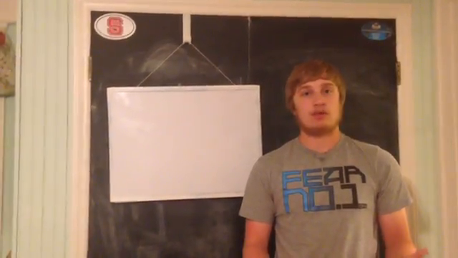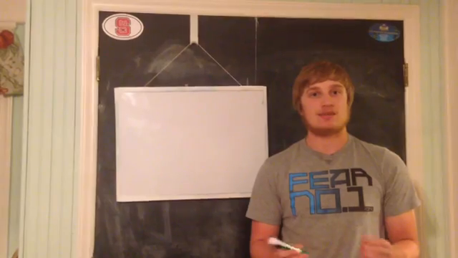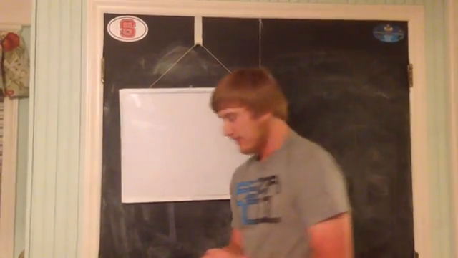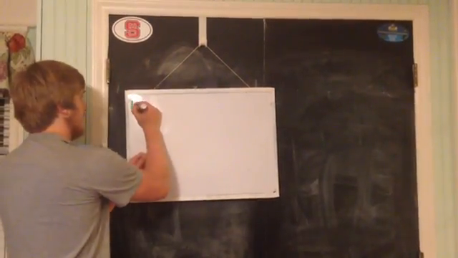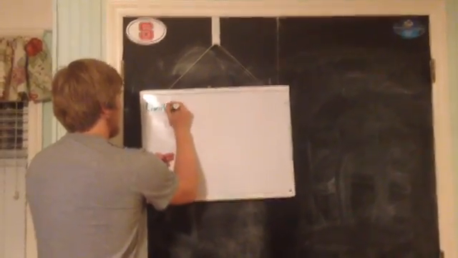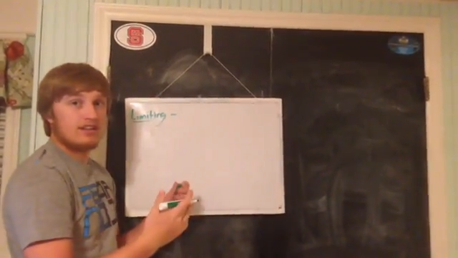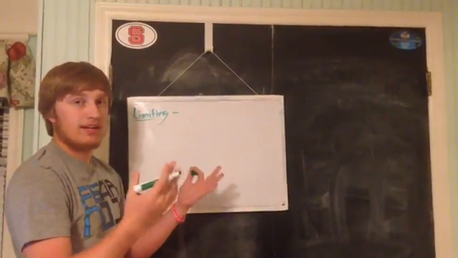Alright, now we're going to talk about a new topic, the limiting and excess reactants. The limiting reactant is essentially the reactant that prevents the reaction from becoming as big as it can get.